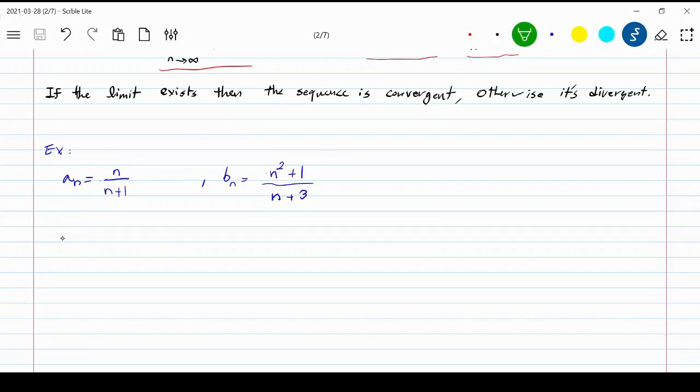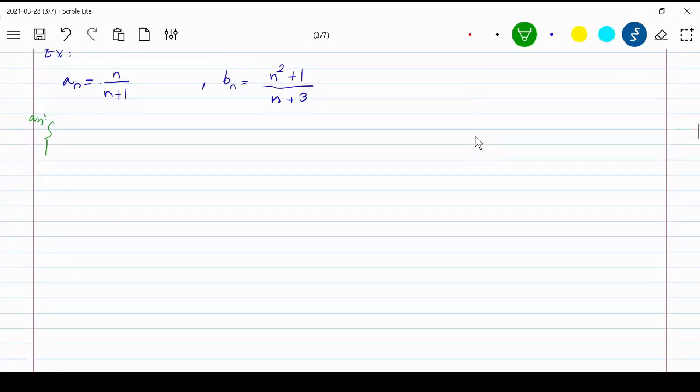So the convergent one here: let's say a_n is given by n divided by n plus 1. Let's find a couple of terms of this sequence. The first term of the sequence would be 1/2. The second term would be 2/3. The third term would be 3/4, and 4/5, 5/6.